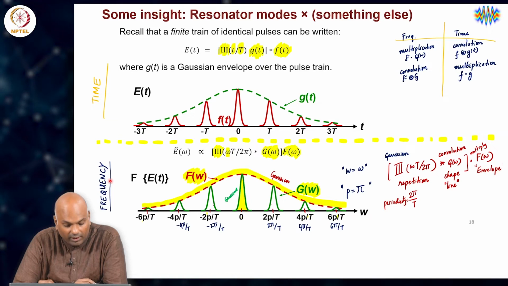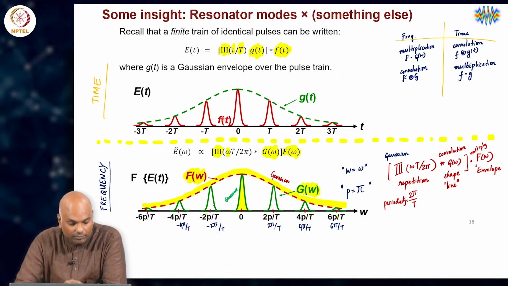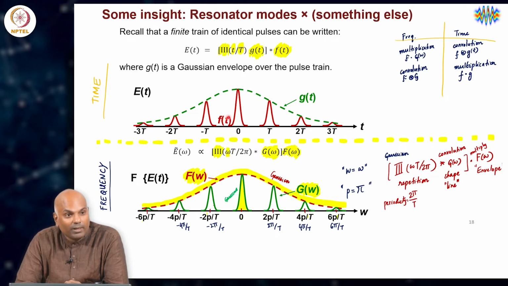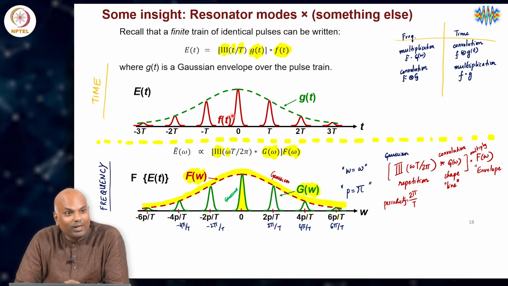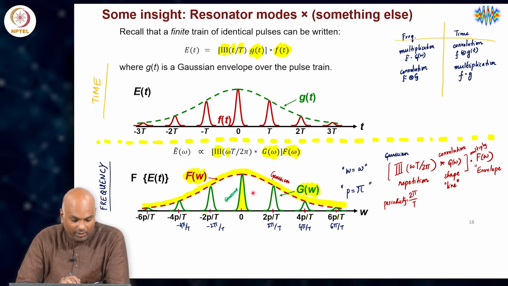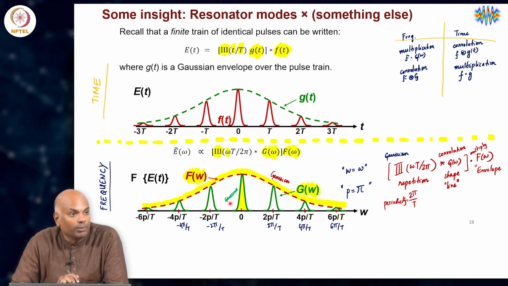First of all, I had a function little f of t. Now, little f of t is derived out of the spectral envelope, not out of the spectral teeth that are underneath the envelope.